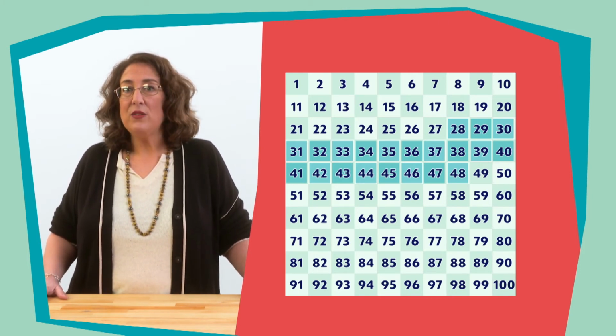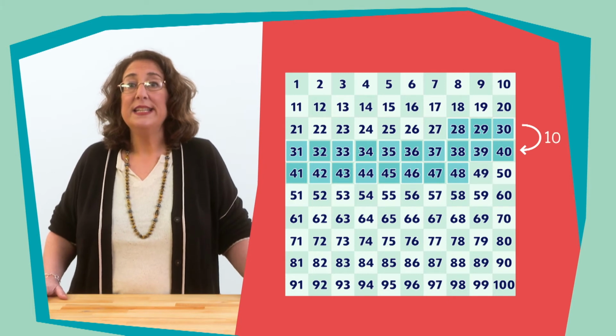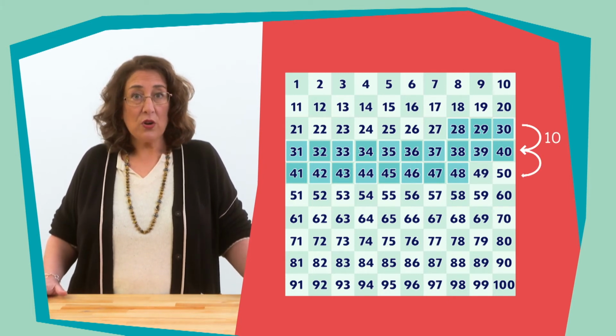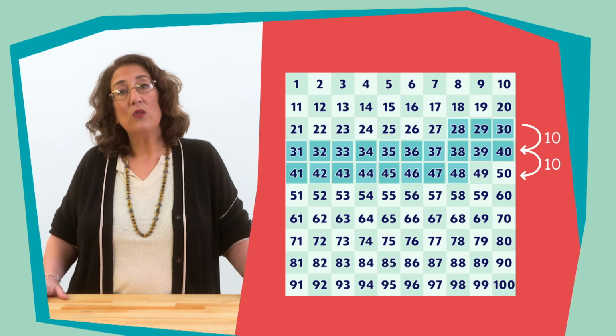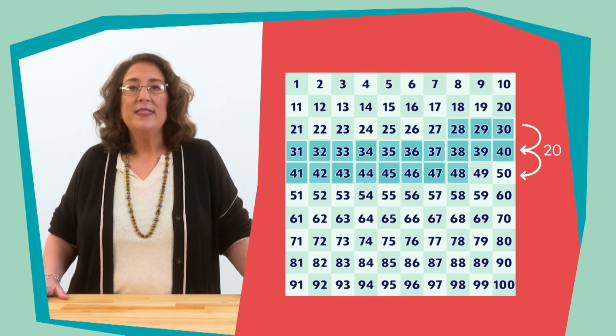When we move down a row, that's 1 ten. When we move down 2 rows, that's 2 tens, or 20. That tells us there are 20 numbers between 28 and 48.